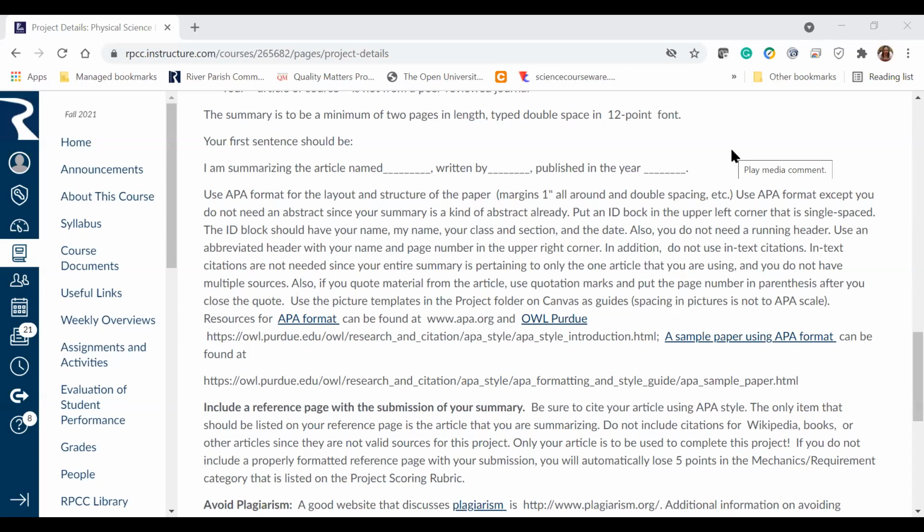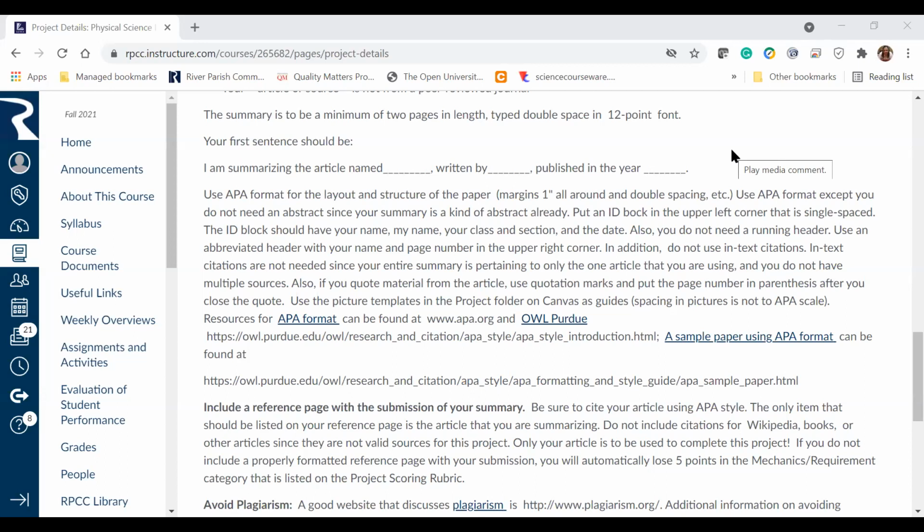And because you're writing a short paper, you also do not need to use what we call in-text citations. If you've ever done a research paper before, you know that an in-text citation is meant to distinguish sources that you used.